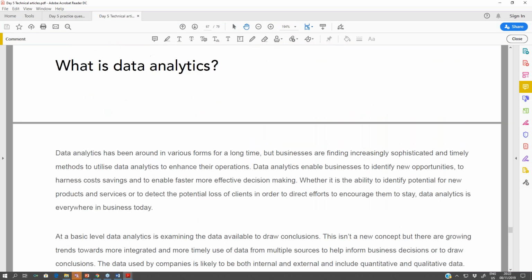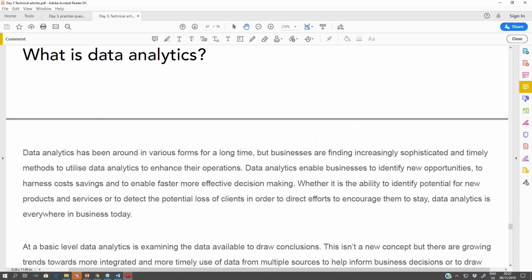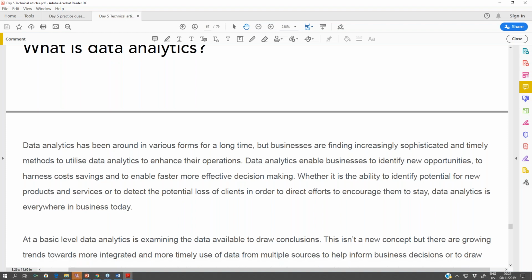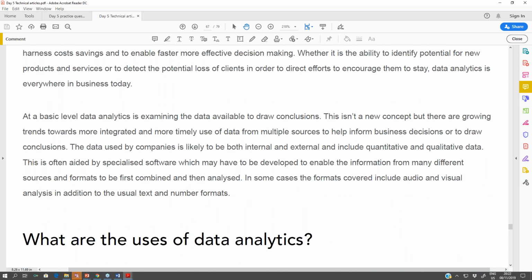What is data analytics? Your examiner was expecting that as a student, you should know the definition. We know that whenever a new article is tested in an exam paper, it is also tested for the definition. So what if the examiner asks you in the December 19 exam paper, explain the term data analytics? What is meant by data analytics? The definition has been given right here.